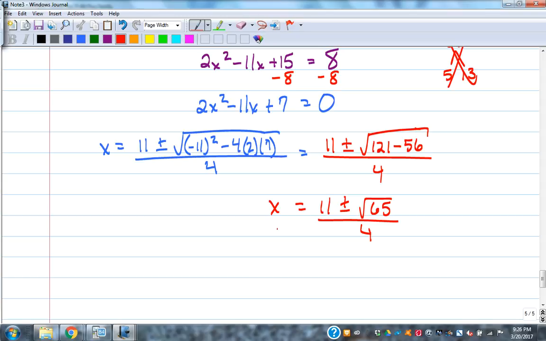I would need to check both of those in the original problem, make sure that it didn't turn negative.